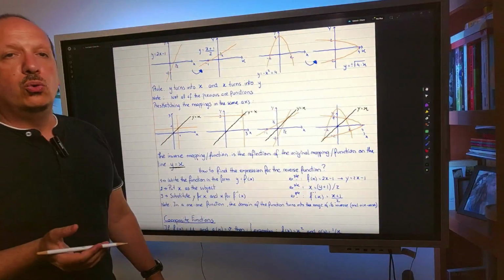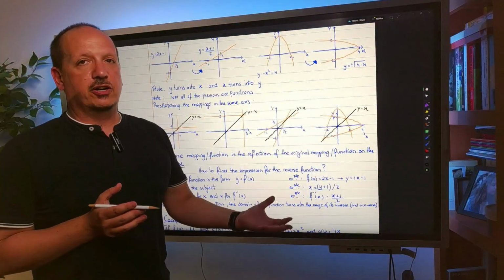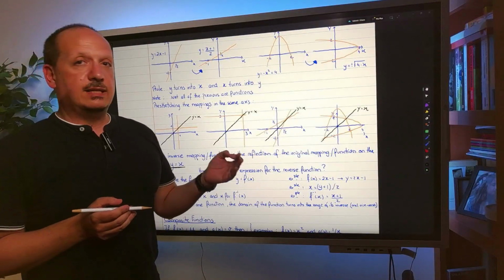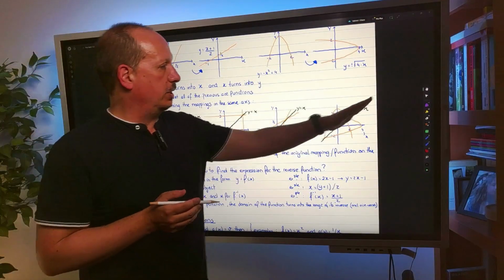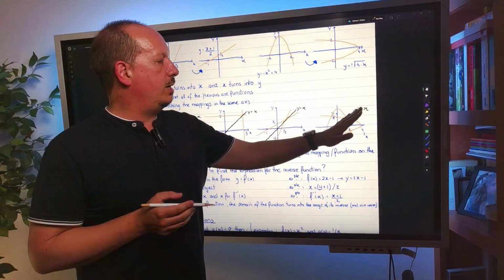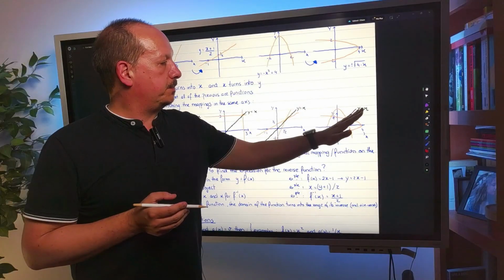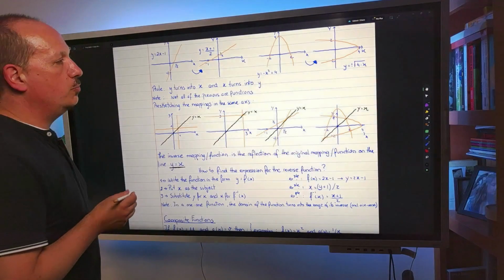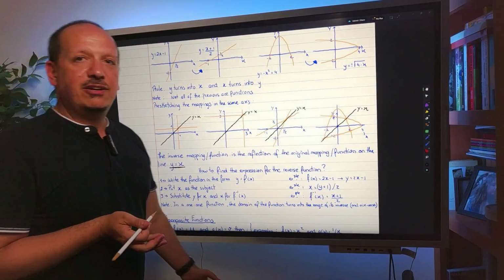So if you know the sketch of a given function, you can almost immediately represent the inverse function by drawing the line y equals x. That's very easy. And then trying to do the reflection of the first on that line. And the outcome is going to be the sketching of the inverse function.